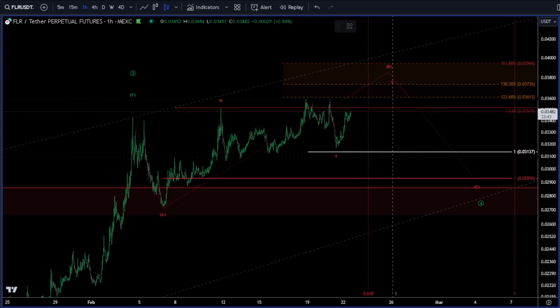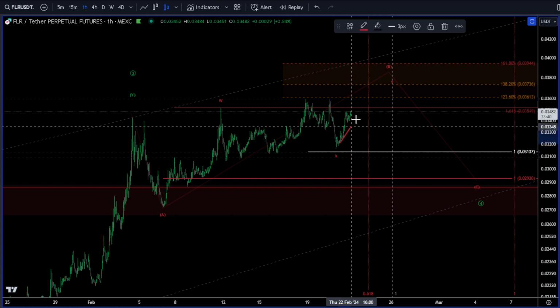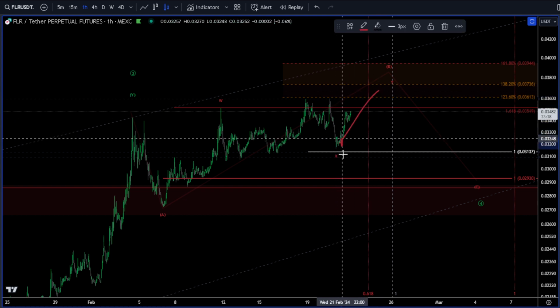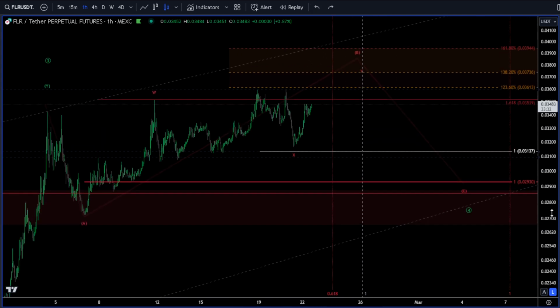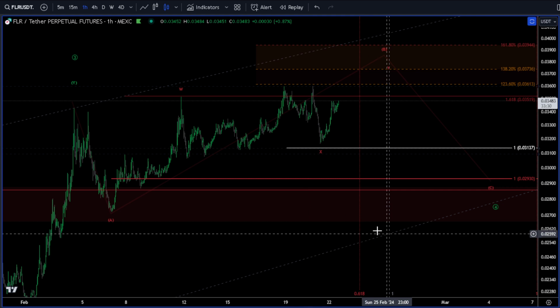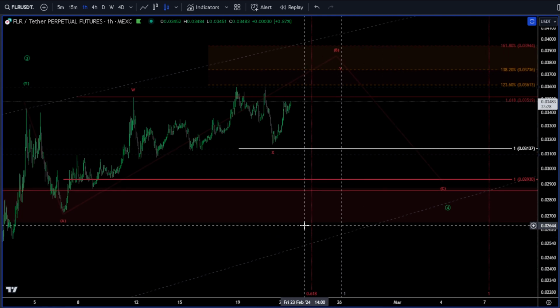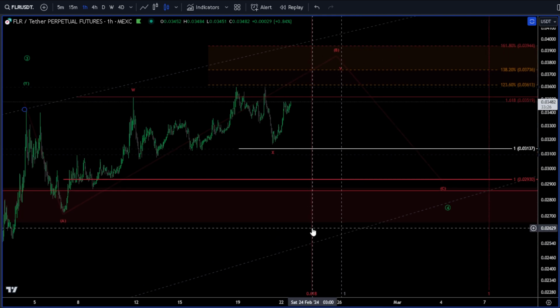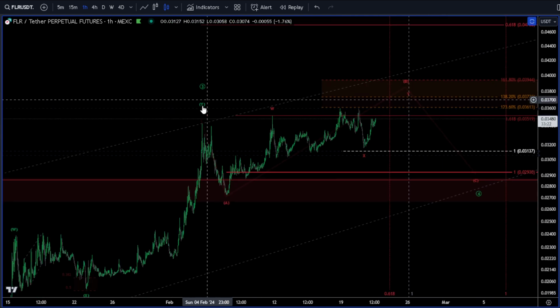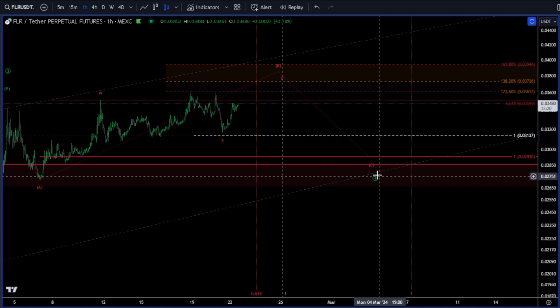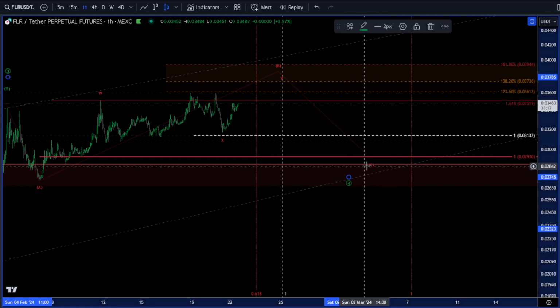Yesterday we were looking for this move to the upside, potentially getting one slightly lower low, then going. So we nailed that one, which was nice. But this is what I was looking at. So for guidelines, we look between the 618 and the 1-to-1 extension in time of this larger third wave for our correction to be complete.